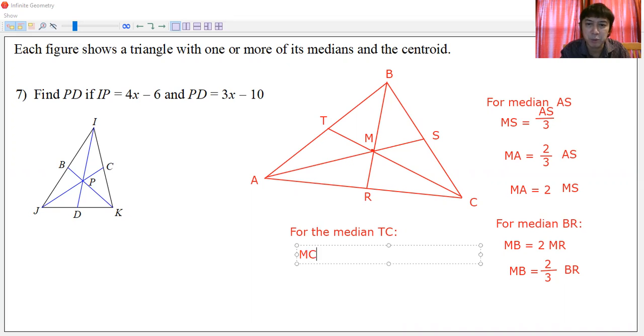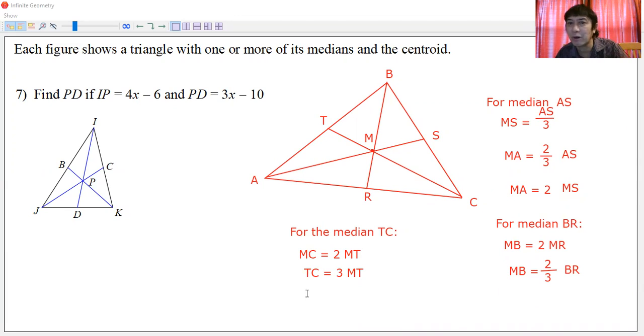So the segment MC is 2 times MT. Also, you can say the entire length TC is 3 times MT. It's like that. And that's it.